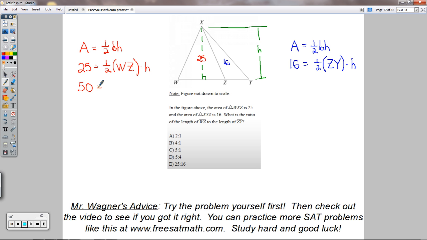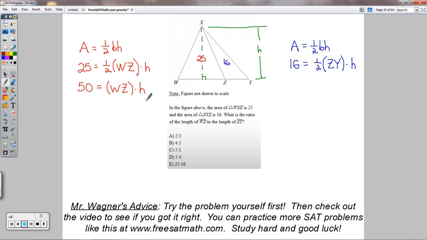I can say 50 equals WZ times H. Now you might have looked at this before I did that step and known what it was already, because ZY is the only thing changing compared to WZ over here. So you might have an inkling as to what this is. We'll see if your inkling is right as we progress through this problem.